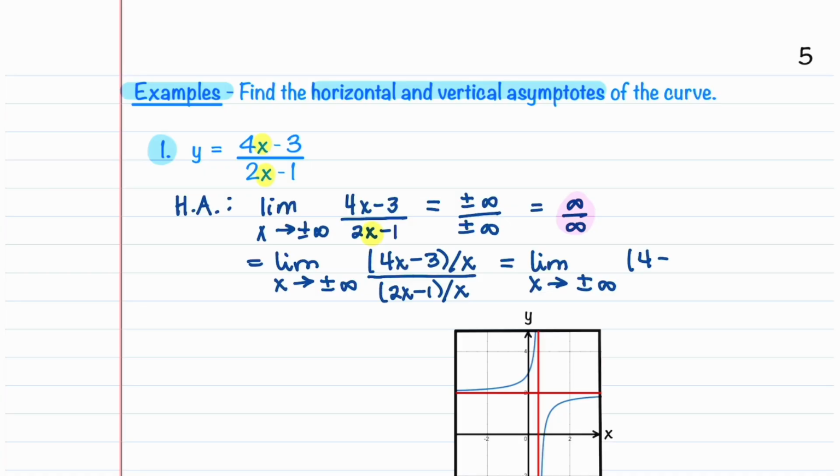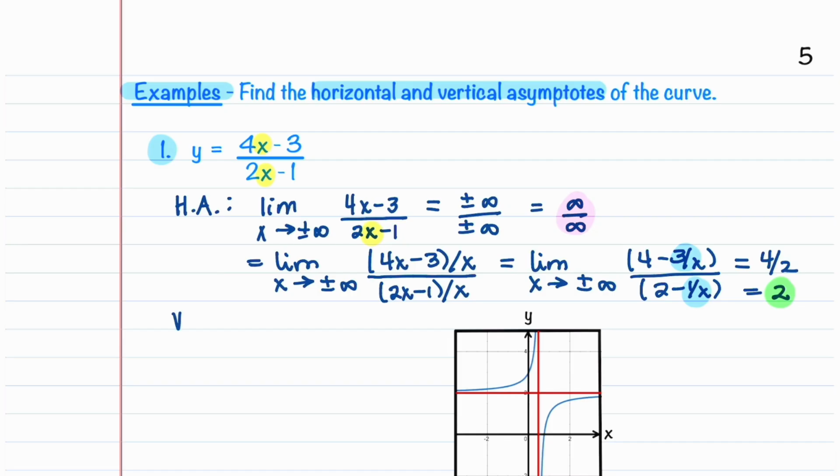So we have a 4 minus 3 divided by x. And in the denominator, we have a 2 minus 1 divided by x. 3 divided by x and 1 divided by x are going to go to 0 as x goes to plus or minus infinity. So we just have 4 divided by 2, which gives us a limit value equal to 2. And our asymptote is y is equal to 2.